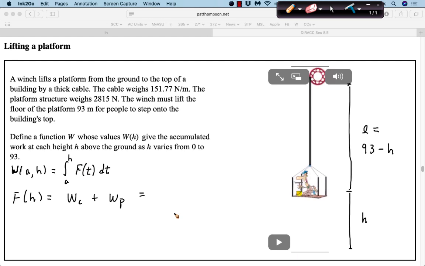So what will the weight of the cable be? That's the length of cable that we have, so it's going to be L times 151.77, times L, which we know is 93 minus h. That's the weight of the cable, plus the weight of the platform?